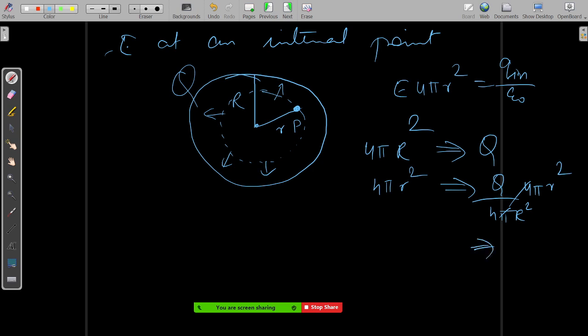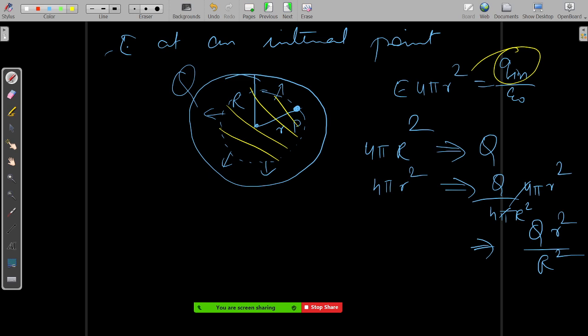Since the charge is distributed uniformly throughout, the total internal charge inside this smaller sphere will be equal to how much? Q small r square by capital R square.